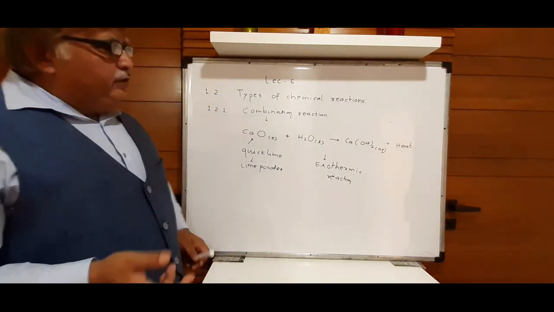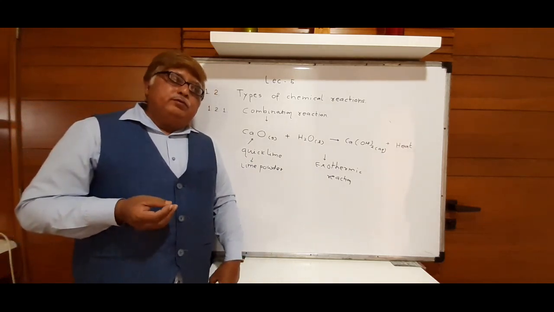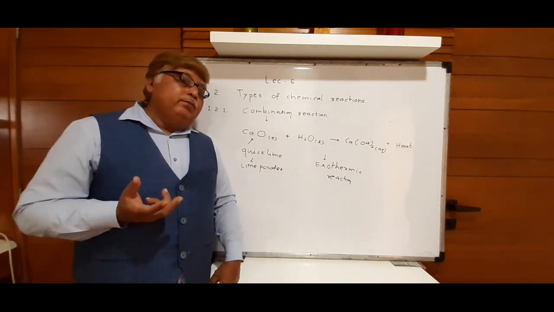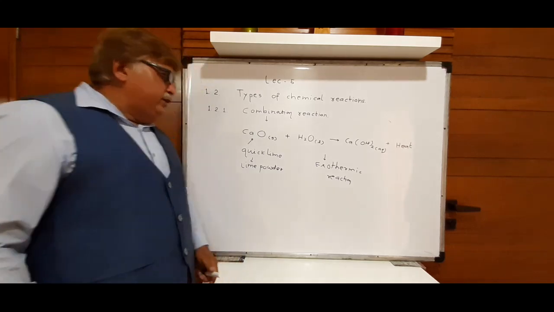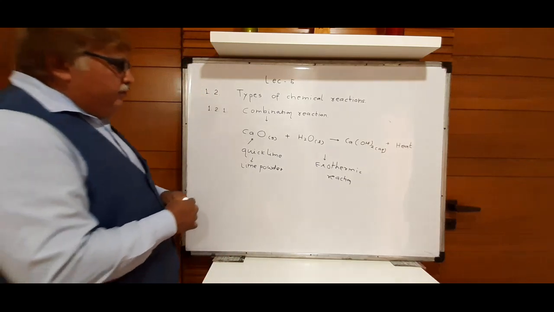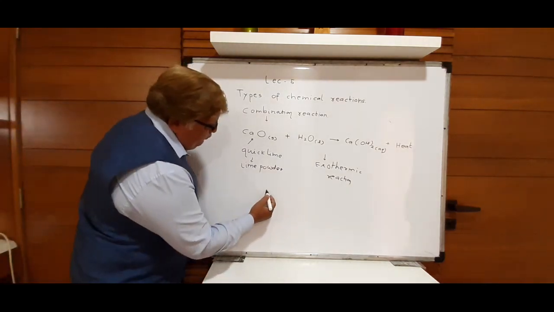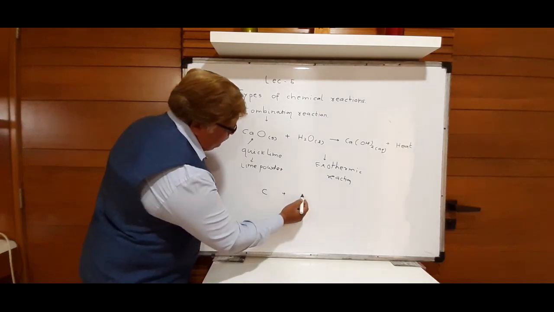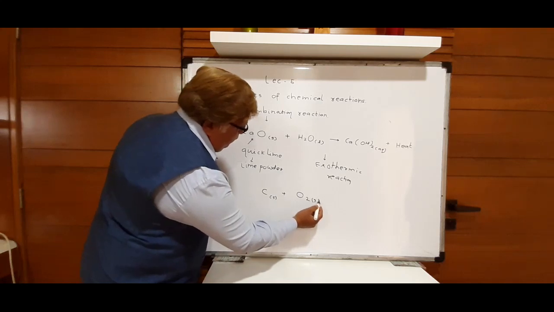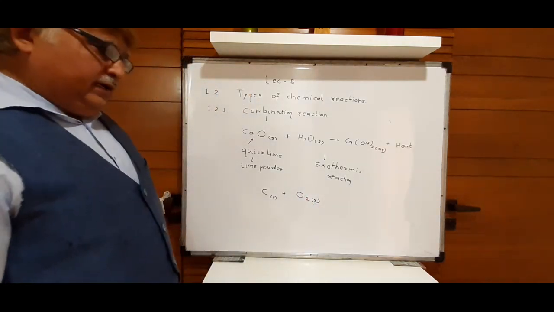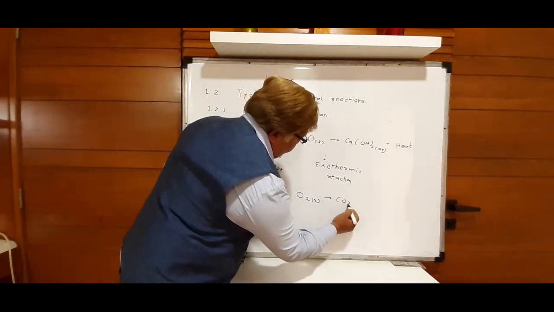Understand? Are there some other examples which you can mention in support of exothermic reaction? One equation we have just written, and I am repeating another: C plus O2. You all remember this. Carbon plus oxygen gives carbon dioxide.